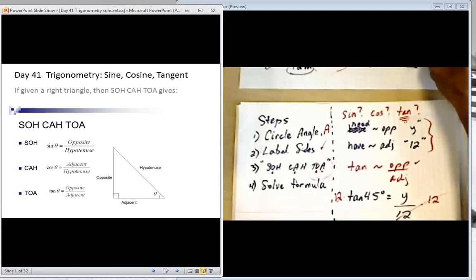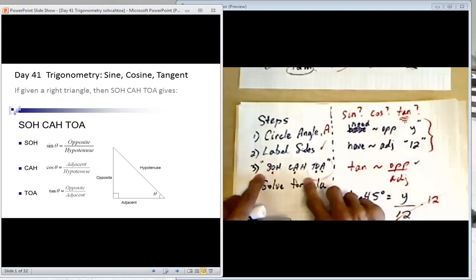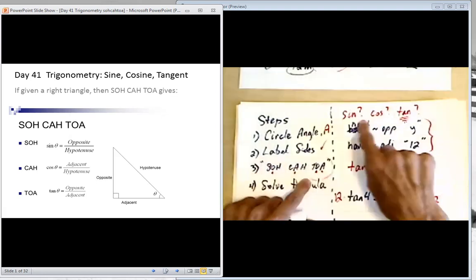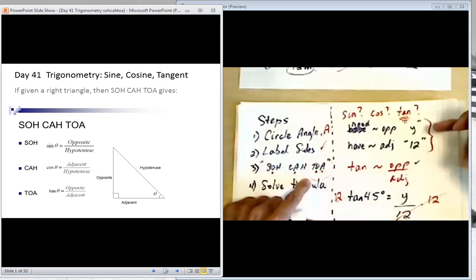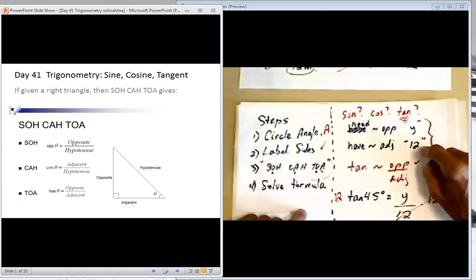Next, we use the magic a little differently. We have to decide which trig function to use. So we take a look at what we're given in the question and what we need. We need to find the side y. That's what the question is. We have the value of 12.